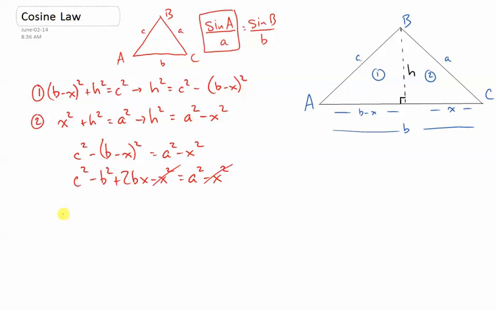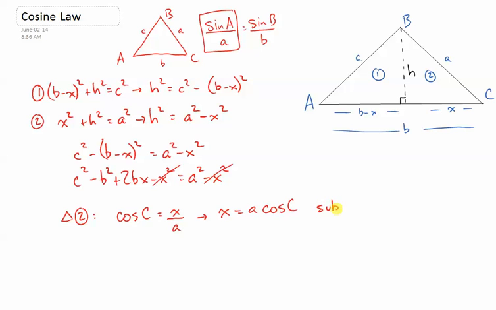Now, from triangle 2, let me use a cosine relation. The cosine of angle C is equal to the x value there on the bottom compared to the a. Isolating for x, I get x equals a cos C. And again, x is a construction that I use temporarily just to relate variables.